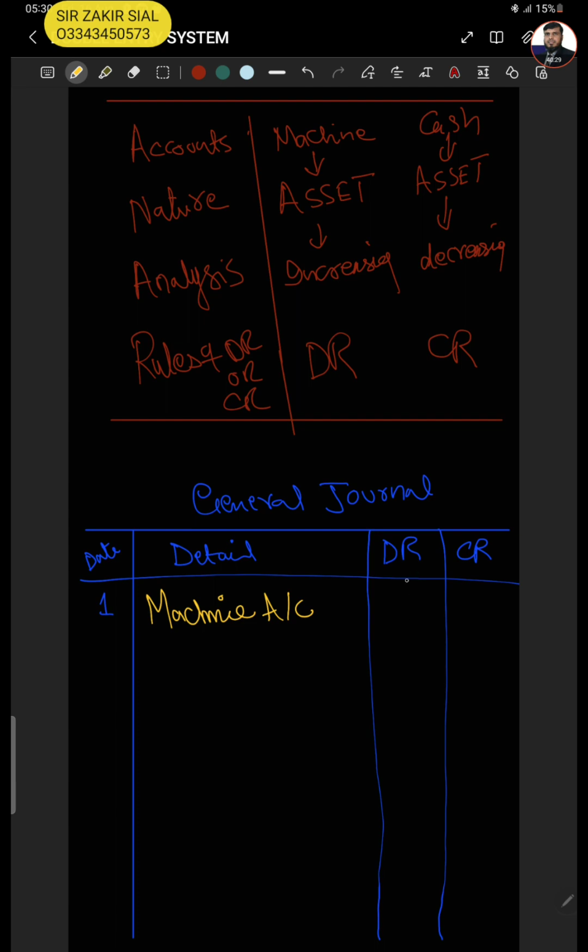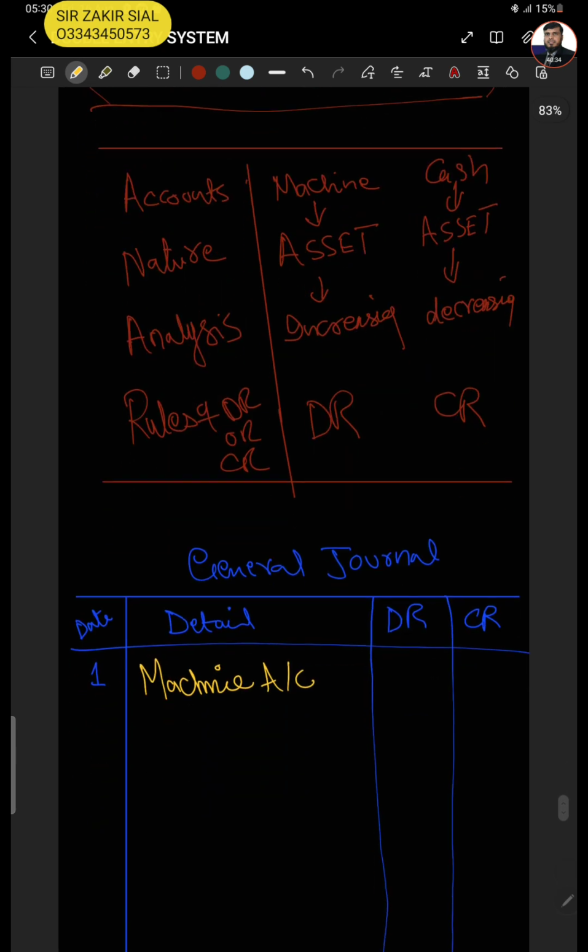First we write the debit amount. Machine account will be debited by 5,000 and cash account will be credited by 5,000.